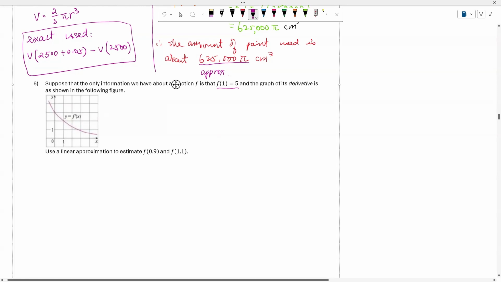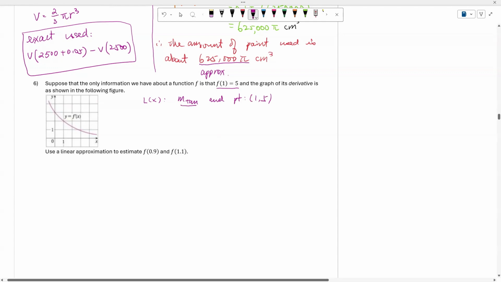Now remember, what we need when we try to create the linear approximation L of x is the slope of the tangent and a point. Of course, in this case, I already have a point.